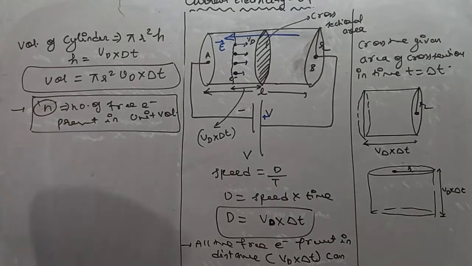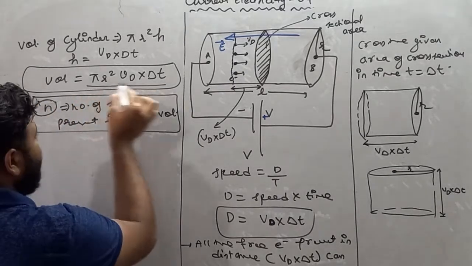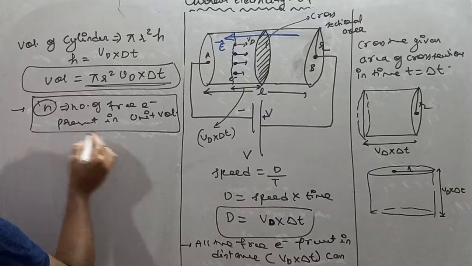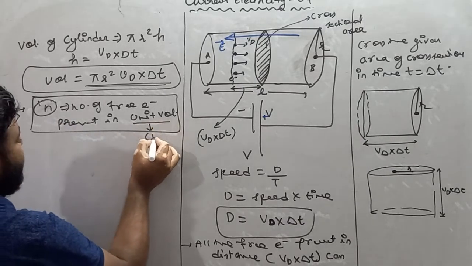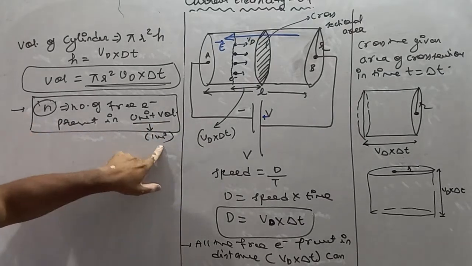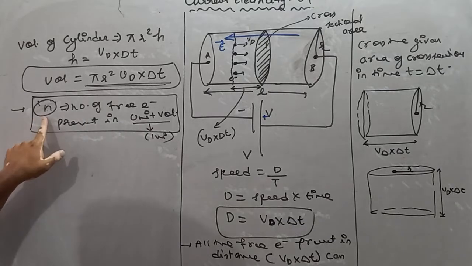Our volume is this, and per unit volume means 1 meter cube. So in 1 meter cube, the number of free electrons is n.